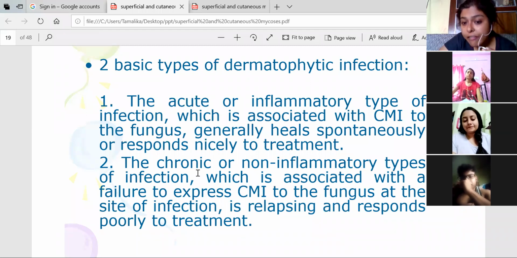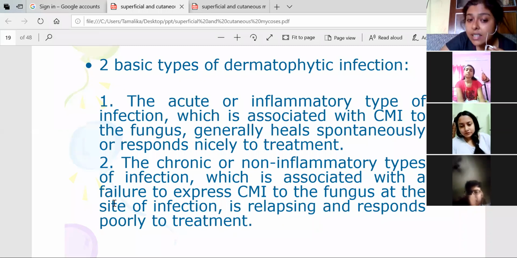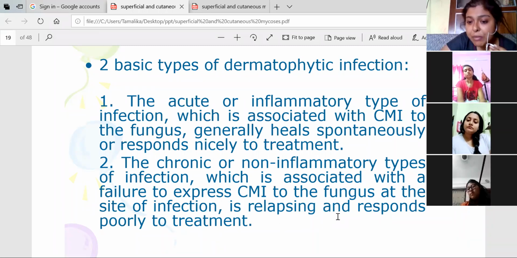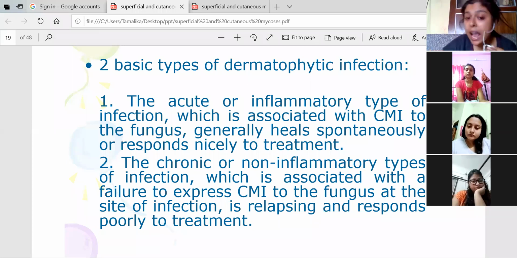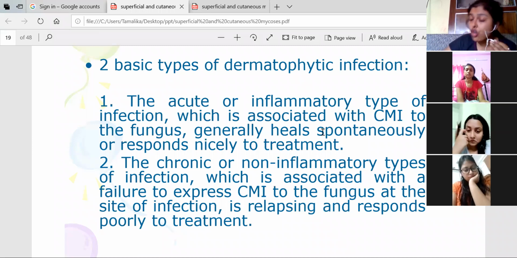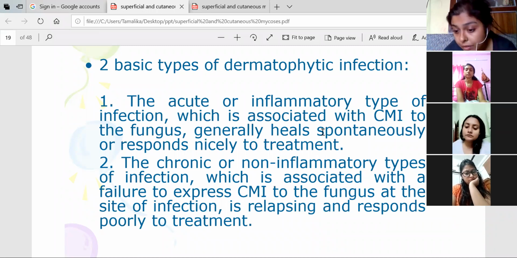The second is a chronic, non-inflammatory type of infection associated with failure to express cell-mediated immunity to the fungus at the site of infection; it is relapsing and responds poorly to treatment. So there are basically two types of disease. One is associated with relapsing and recurring infections. Another is an infection which heals spontaneously and responds nicely to treatment.